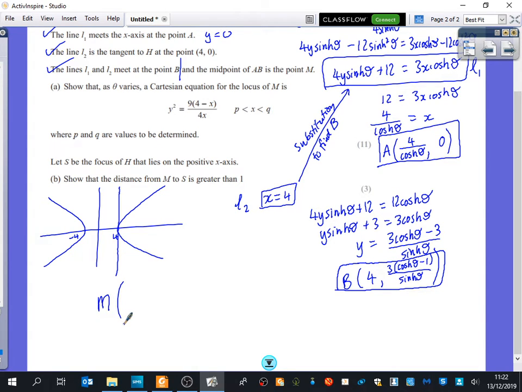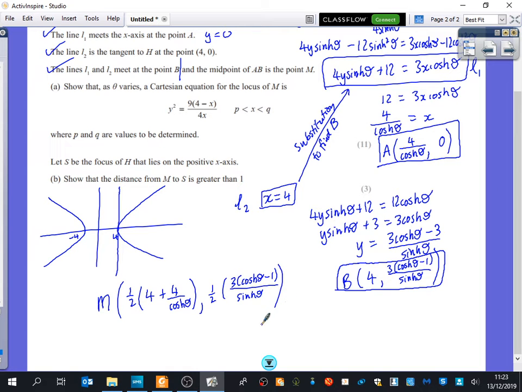What do you do for the midpoint? Add and divide it by 2. So it's going to be a half of 4 plus 4 over cos theta, and then a half of this thing, which is 3 cos theta minus 1 over sine theta.